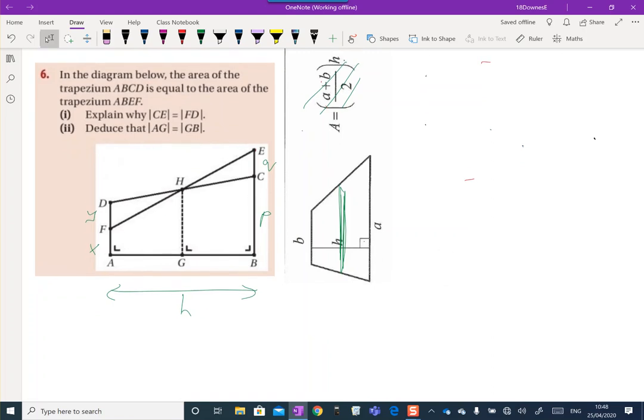Explain why length CE is equal to length FD. So what I'm going to do is say this is my baseline, and you basically work these things out as you go along. So I'm thinking I want to name this, and let's call it M for midline.